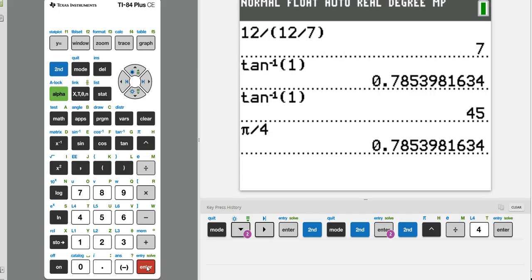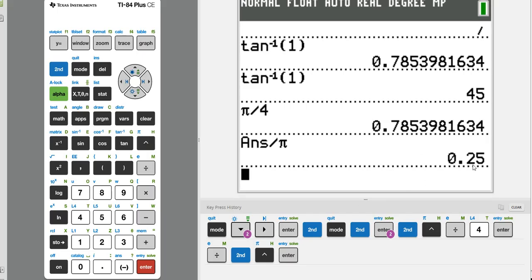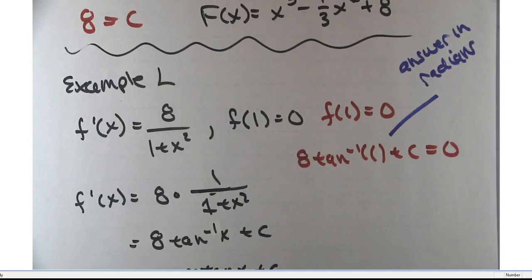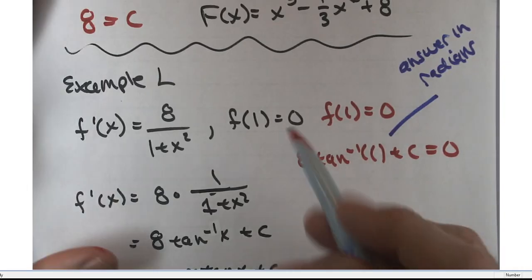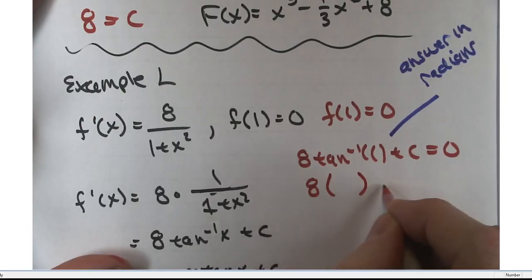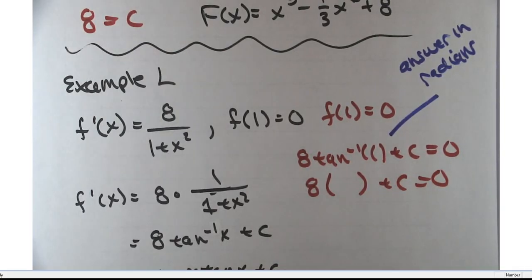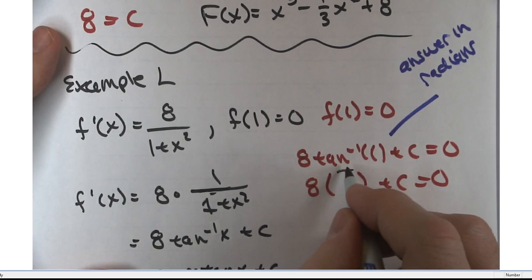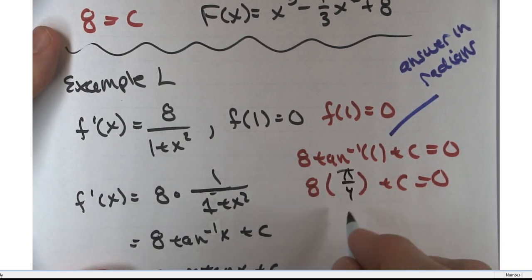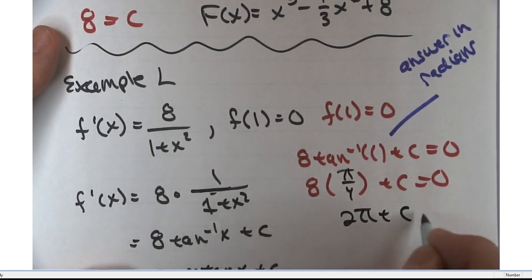Another thing you could do is take this answer and divide it by pi and see, oh yeah, 0.25, so that's 0.25 pi. But one way or another, you've got to realize that this is 8 times pi over 4 plus a constant equals 0. The 8 and the 4 cancel, giving me 2 pi plus c equals 0, so c equals negative 2 pi.